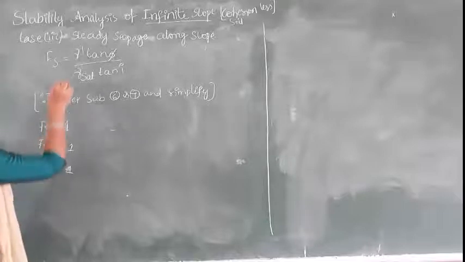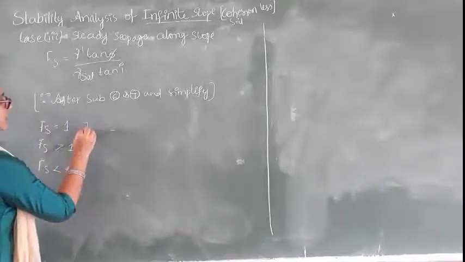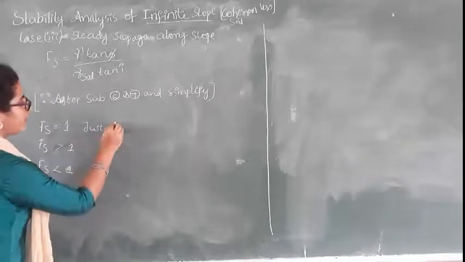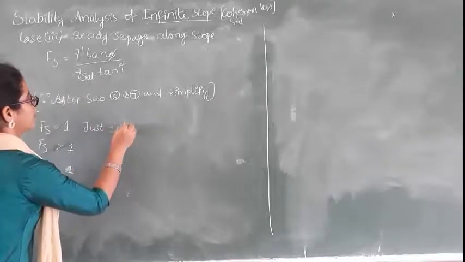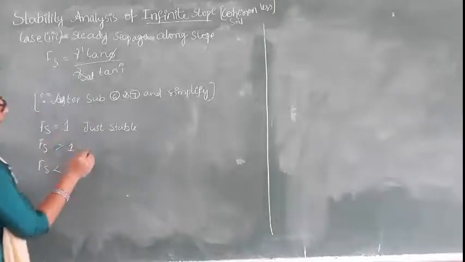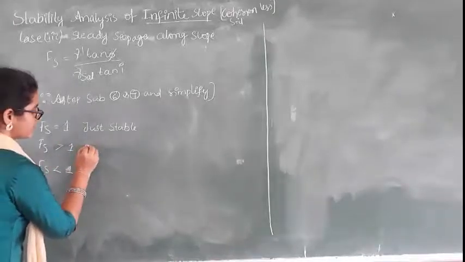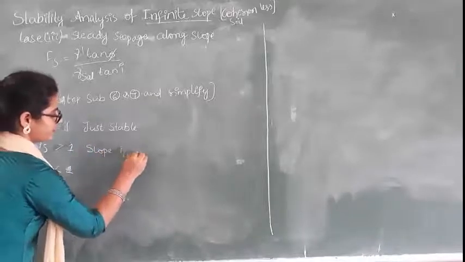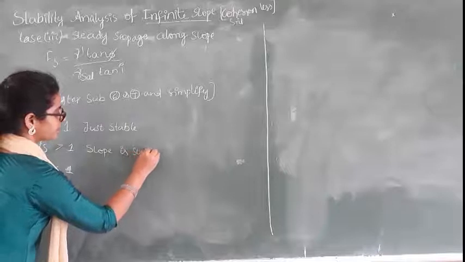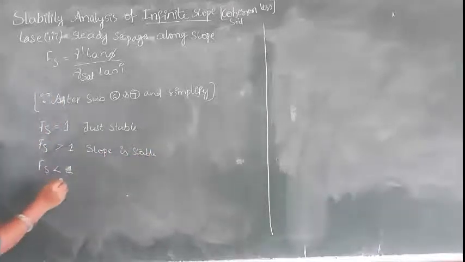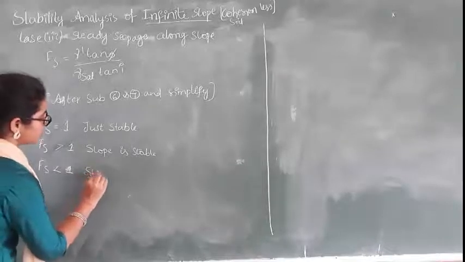If factor of safety is equal to 1, it is just a stable condition, the slope is just stable, right? If factor of safety is more than 1, then the slope is stable. If factor of safety is less than 1, then the slope is unstable.